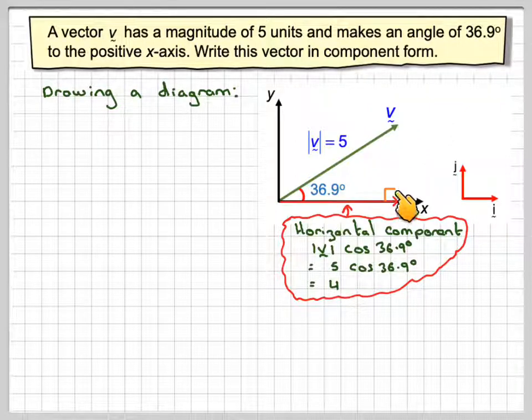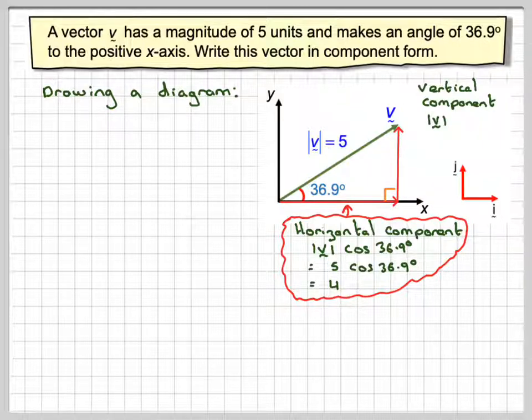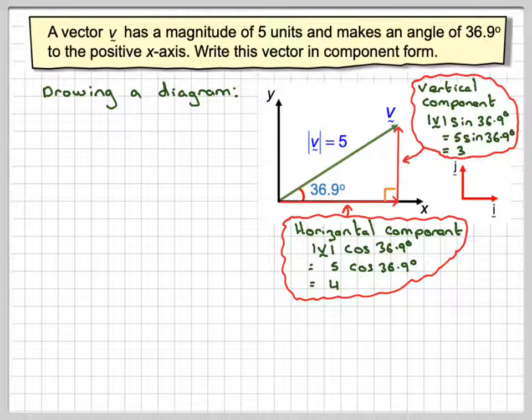We can also have a vertical component, and the vertical component, again using a bit of trigonometry, is going to be the magnitude of v times the sine of 36.9, which gives me 5 sine 36.9, which is going to give me 3 in this case.